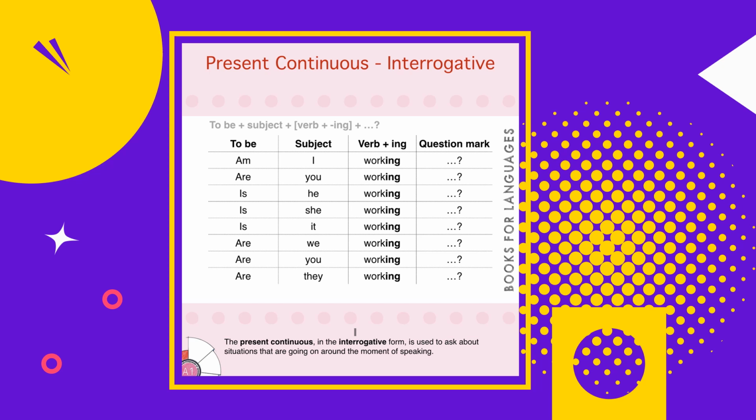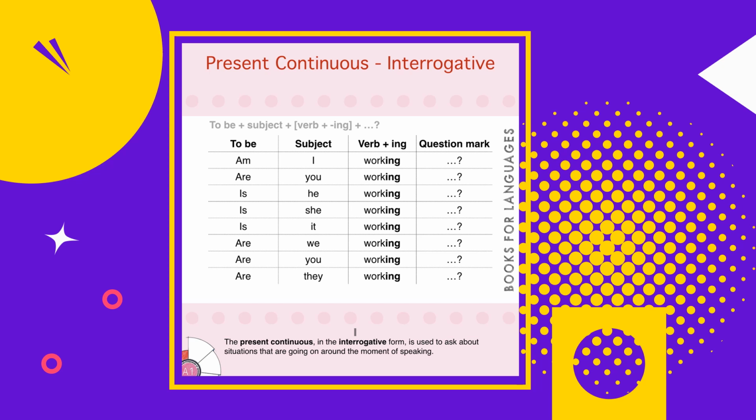Question mark. The next one I'll take, are they coming to Delhi? To Delhi is the rest of the sentence, wherein come plus ing becomes coming. Please note that the e will be removed from the spelling. So it will become coming. Are they coming to Delhi?